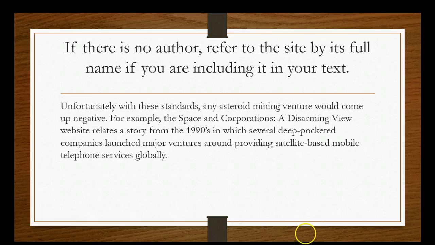What if there is no author? This is going to happen often with your website research, although you should always try to use a web source with an author. But what if you can't find one? Just refer to the site by its full name: Space and Corporations, a disarming view website.